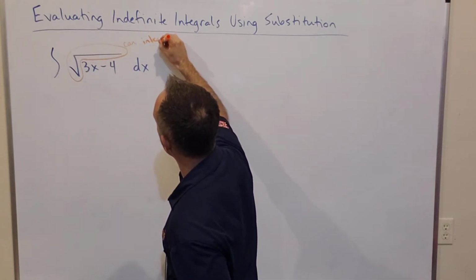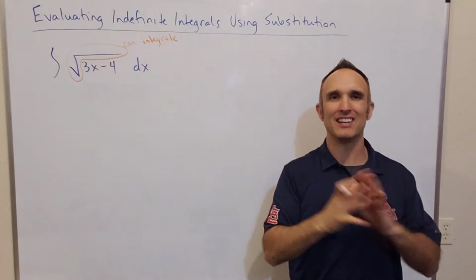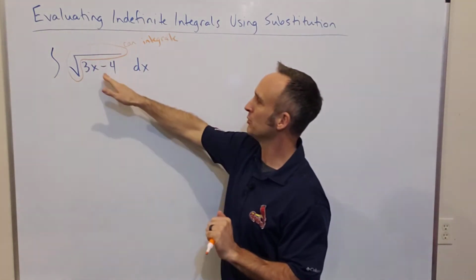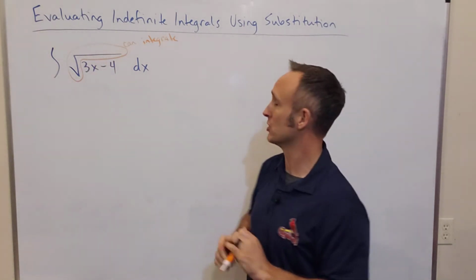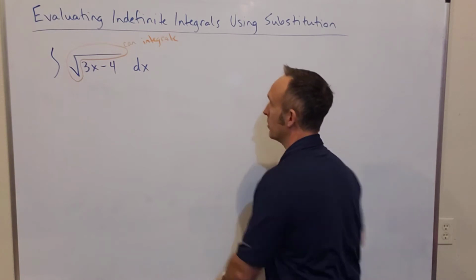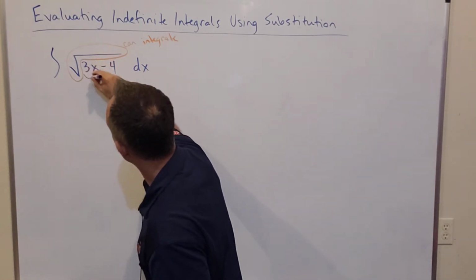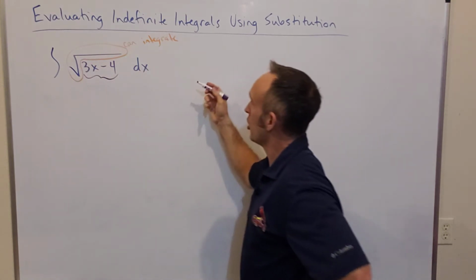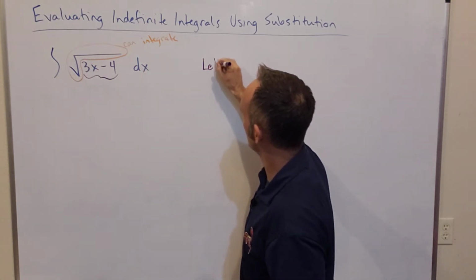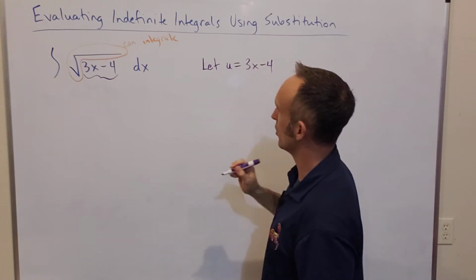Okay, so we're not worried about leaving the square root inside the integral. The problem is we've got a function within that square root function. So what we're going to do is work on the inside function here, the 3x minus 4. We're going to call that u. So we're going to let u equal 3x minus 4.